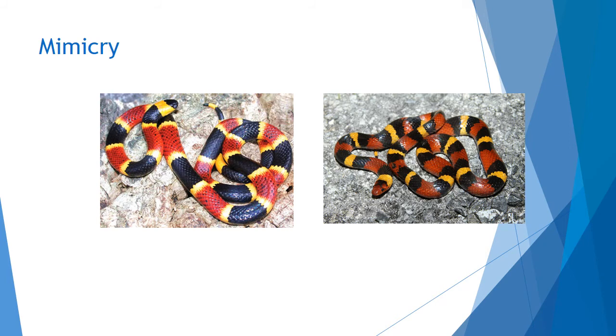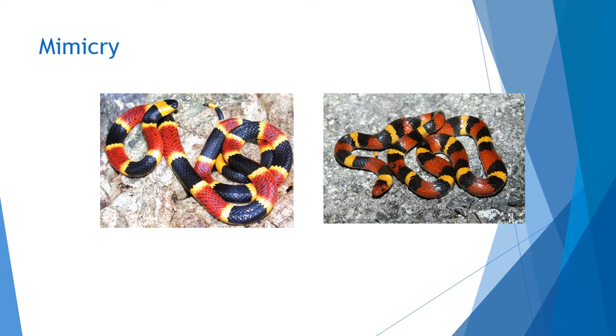But the scarlet king snake here is using mimicry as a mechanism to deter its predators. And if you're a hawk flying over, you can imagine that it's really hard to distinguish the two of these apart if you are far away. And if you're a hawk and you're flying over and you're like, oh yeah, my friend Bob over here, he didn't live very long last time he attacked one of those.